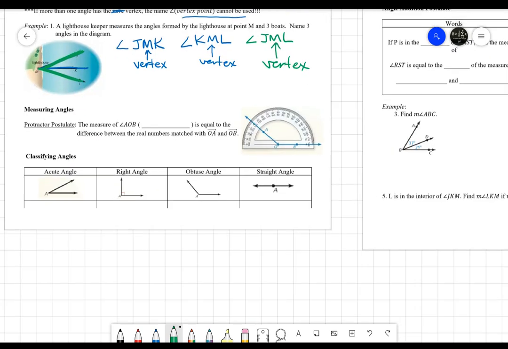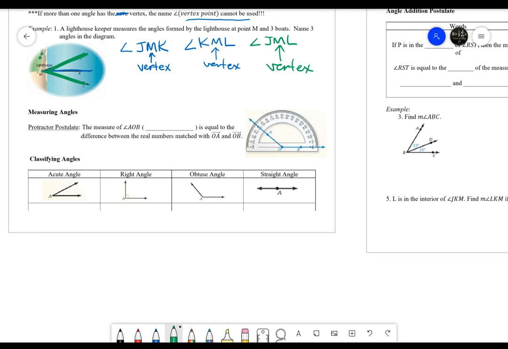Okay, next, if we're going to measure an angle, you see the picture of the protractor. And we have this postulate, and we have angle AOB, the measure of angle AOB, which can be written with a little m and then an angle. So you say it, measure of angle AOB is equal to the difference between the real numbers matched with OA and OB.